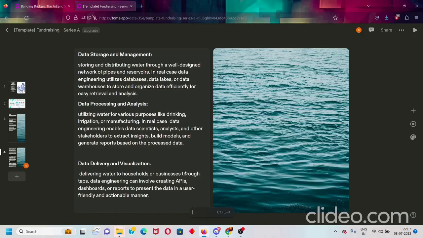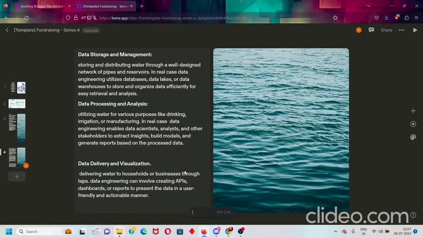In the real life scenario, data engineering enables data scientists and other analysts to extract insights and build models based on the data they get from data warehouses. Based on that, data scientists are able to generate reports.